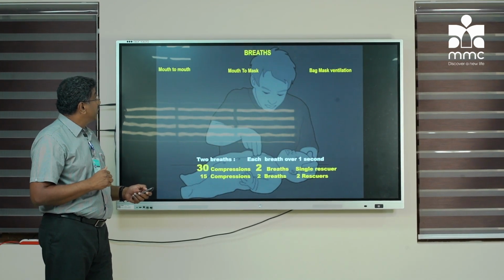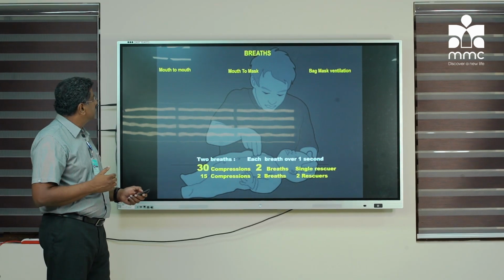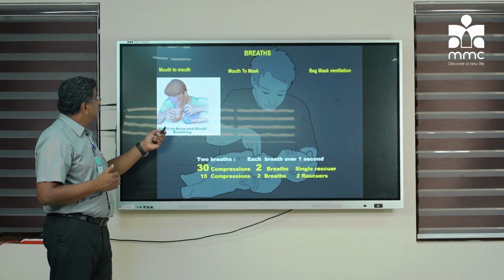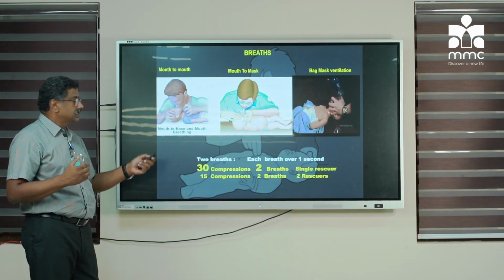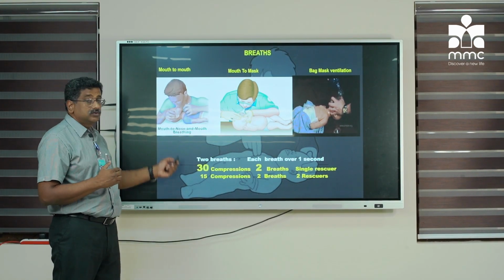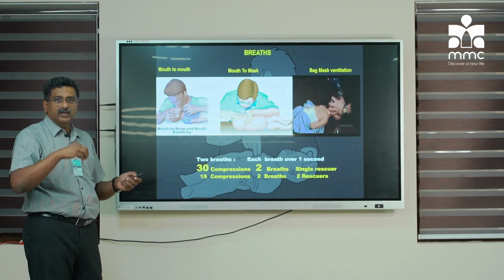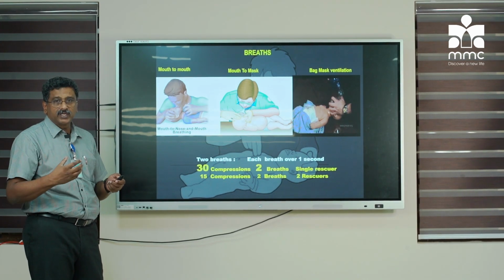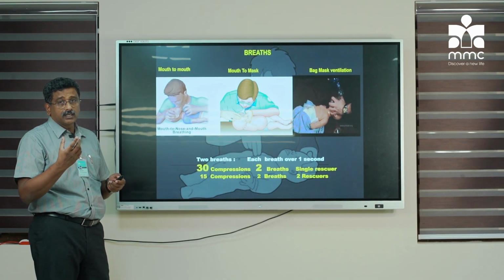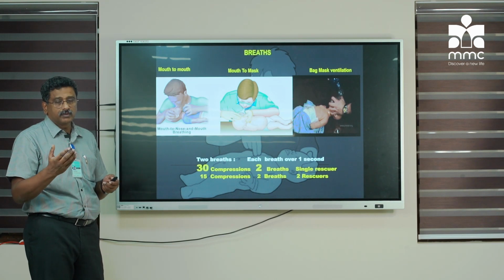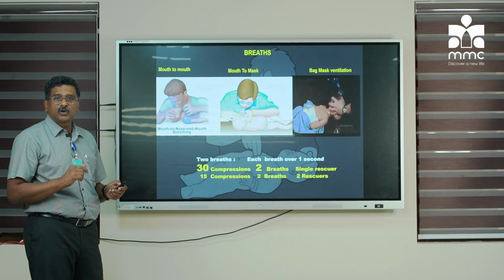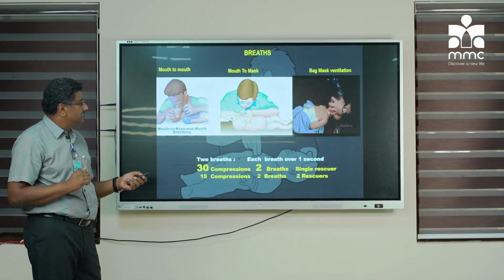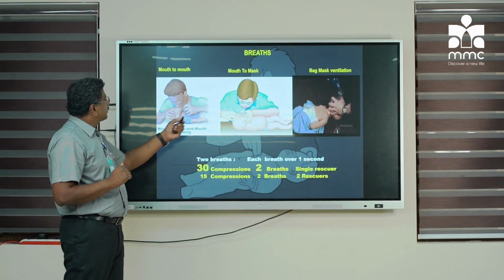Now coming to the ventilation, you know that there is mouth-to-mouth ventilation, mouth-to-mask ventilation, and bag-mask ventilation. Here it is mouth-to-nose and mouth breathing. In an infant, it will be difficult to resuscitate a baby giving mouth-to-mouth because it is too small, so you have to include the nose also while giving the breath. And the rest is all the same.